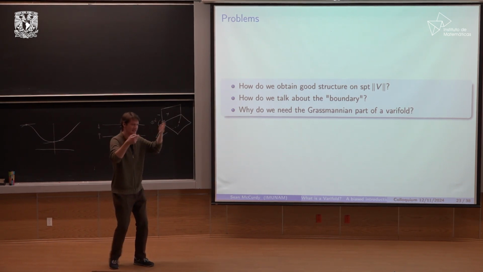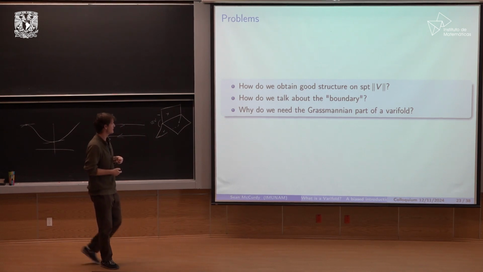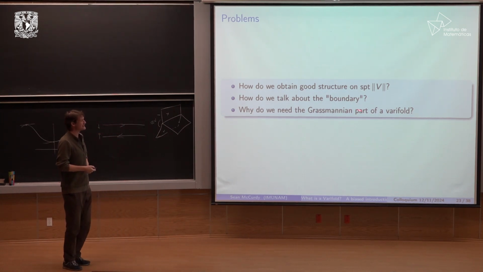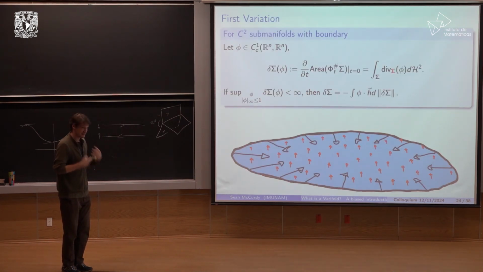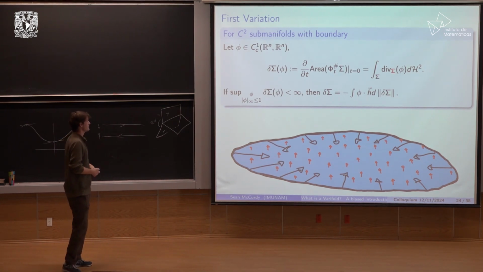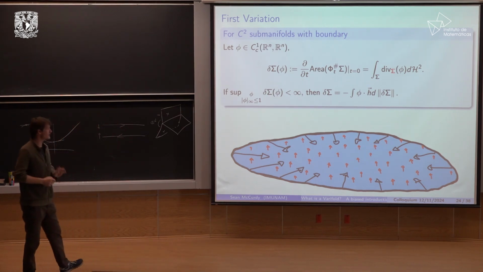How do we get something like this to attack Plateau's problem with? And also, do we really need the Grassmannian portion? Is that not just abstraction gone wrong? So to answer all three of these questions actually comes from the calculus of variations, from taking the first variation of the varifold. So let's bring it down to a hopefully very easy example.